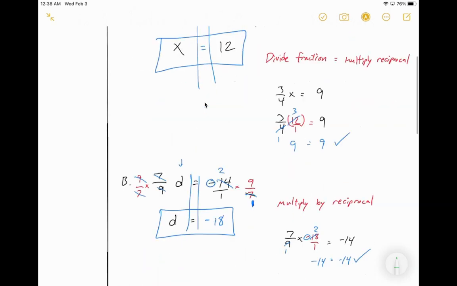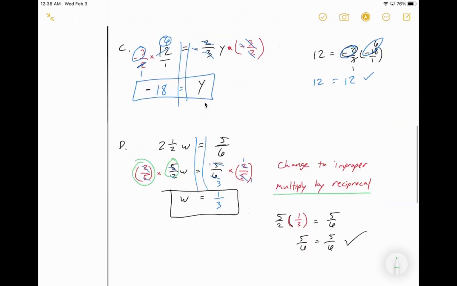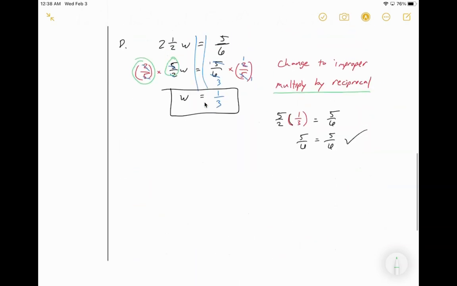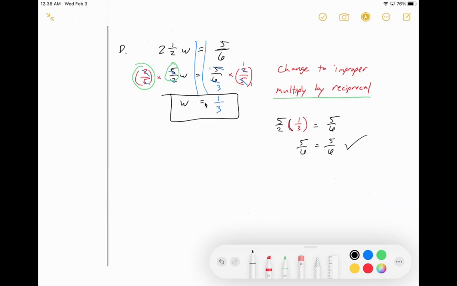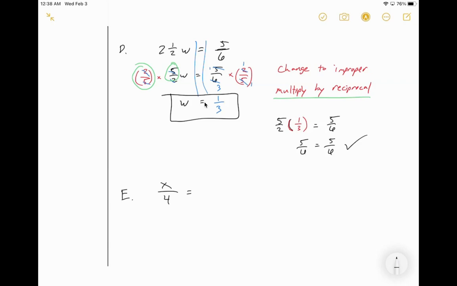Okay. Now, one last thing I want to show you, to show you how these problems are a little bit different from what you learned in the last lesson. This problem is not a fraction problem. It's kind of like dividing, right? So some people think, oh, I'm just going to multiply by the reciprocal, and it's kind of similar because dividing by 4 is the same as multiplying by 1/4.